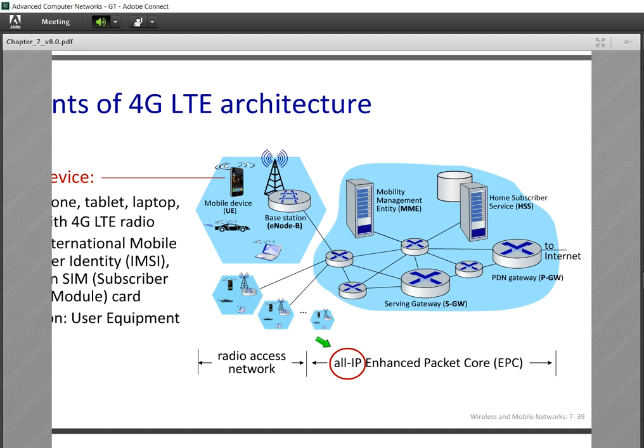So we said all IP enhanced packet core, or all IP EPC. So this backbone is EPC, enhanced packet core. And you can see that at this time, during the history, we should forget circuit switching technology in most cases, especially in phone networks.